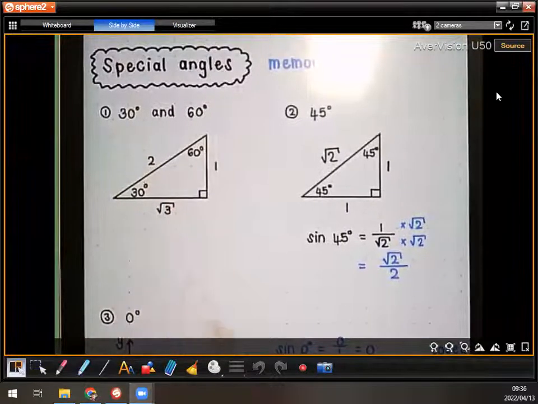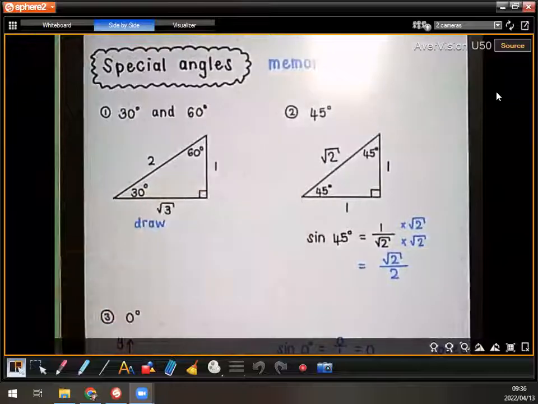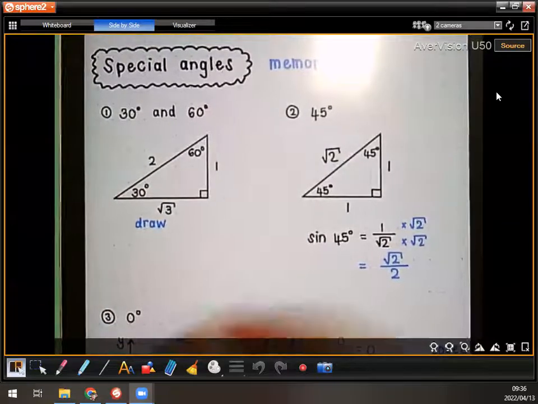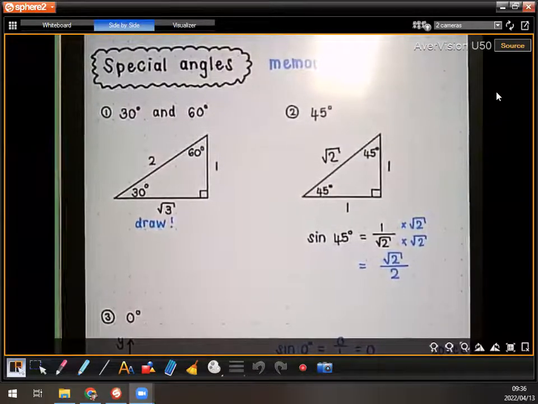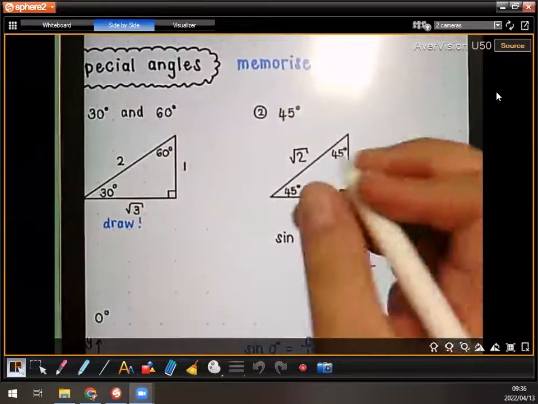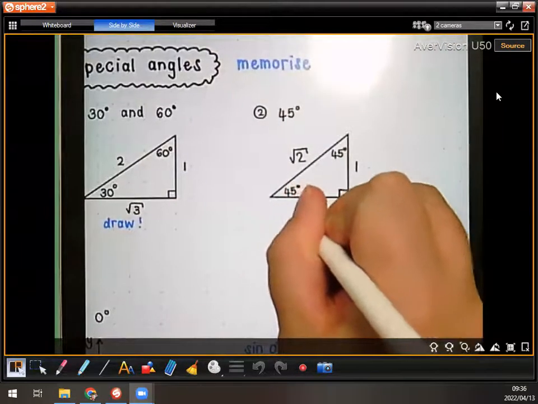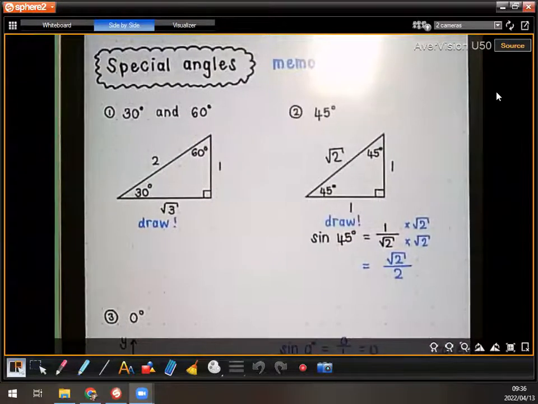This triangle you have to be able to draw in a test or exam, which is why I'm saying you must memorize it. And it's the same for the 45-degree triangle. If they put a 45-degree angle anywhere in the question, you have to draw this triangle and you'll get a mark for it.